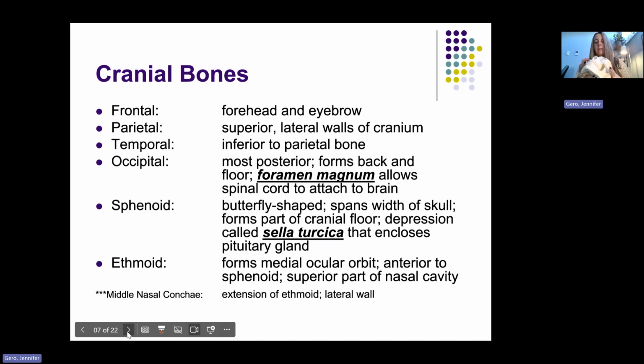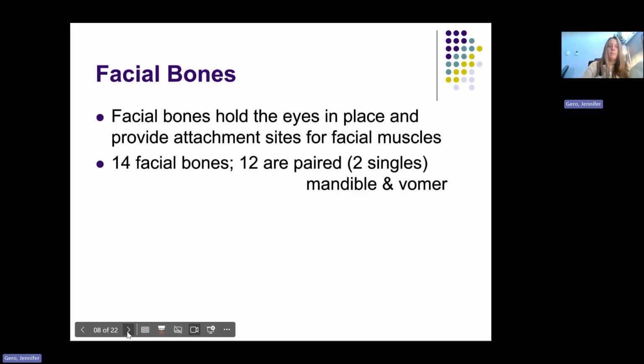We're also going to look at the ethmoid, which is up here. And then kind of inferior to that is the lacrimal, but that's not on here. And they're also saying that the middle nasal concha, which would be here, is going to be part of the cranial bones.